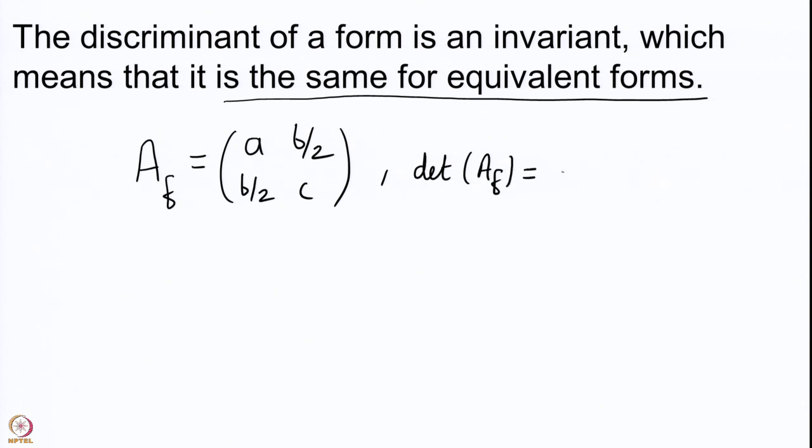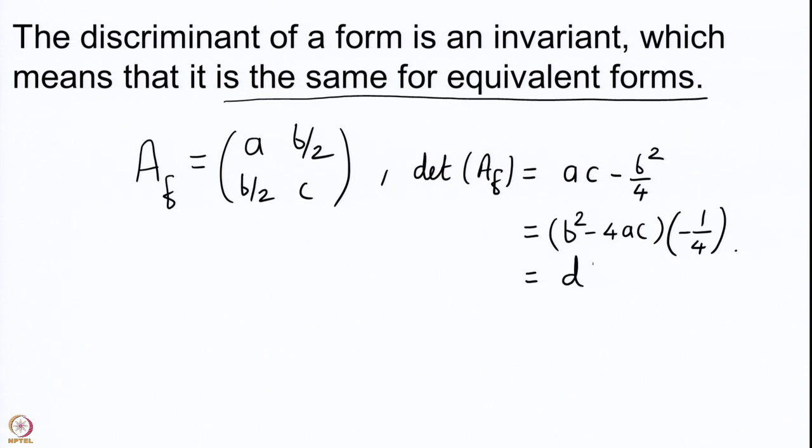We know the formula for the determinant, this is AC minus B square upon 4. So, this is nothing but B square minus 4 AC times minus 1 by 4.